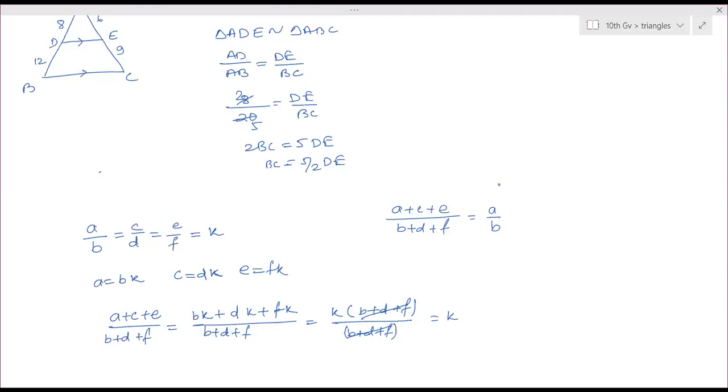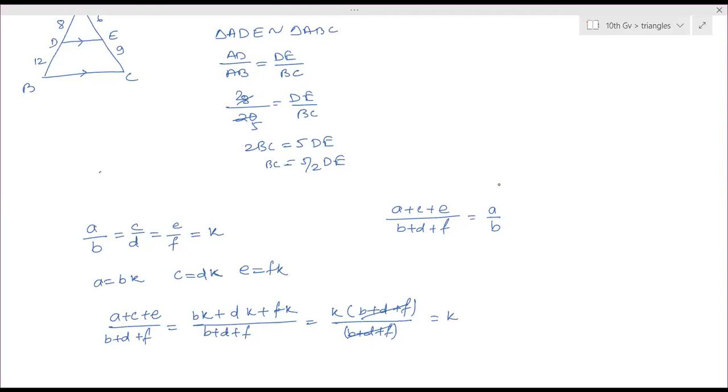Ma'am, you took the ratios as K. And then you took B that side, D that side, F that side, and A equals BK, C equals DK, and E equals FK. After that, you took the sum of the sides, the sum of numerators and sum of denominators. After that, you substituted A by BK and C by DK and E by FK.